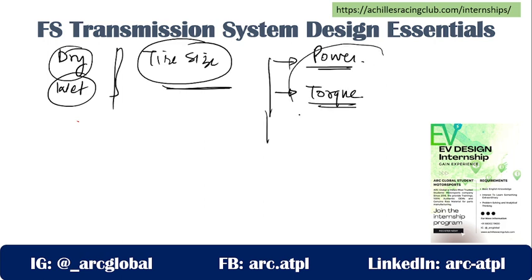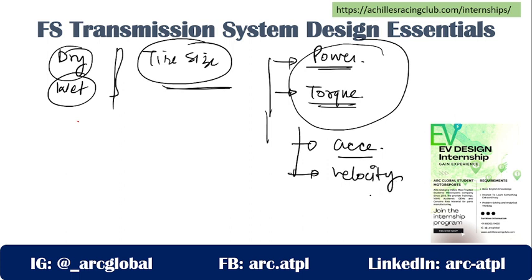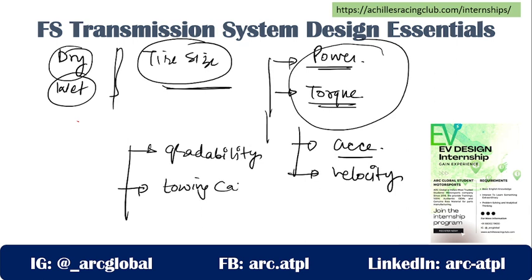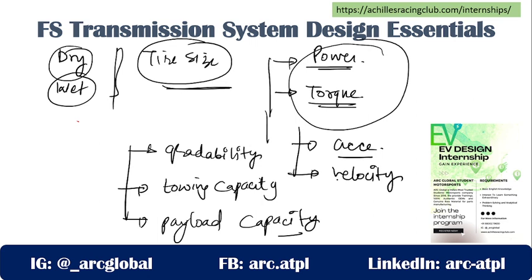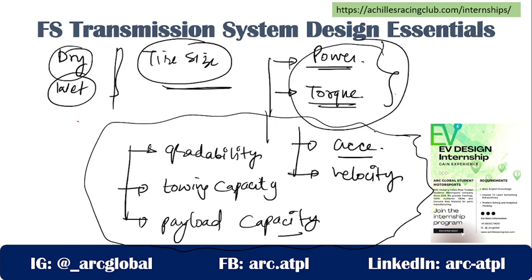If I further derive these two terms, you will get acceleration, velocity, gradability, towing capacity, and payload capacity. These are the parameters that you find in your transmission system, in your powertrain, in deciding what engine and what tire size need to be used.